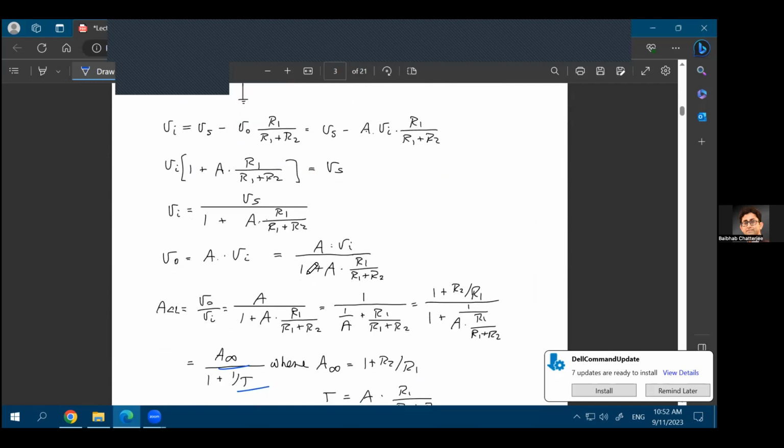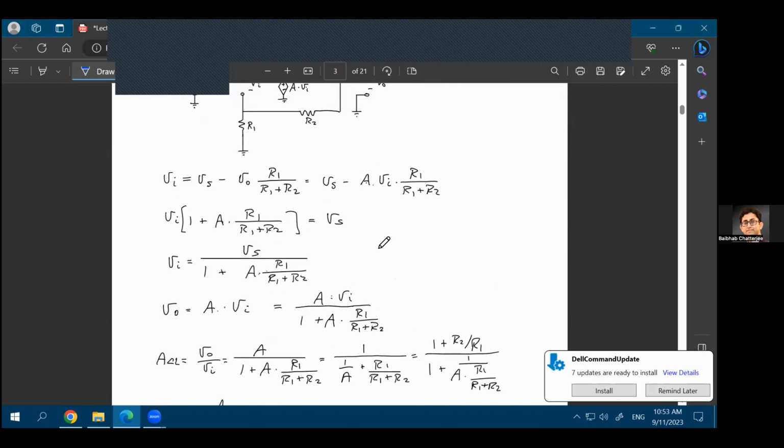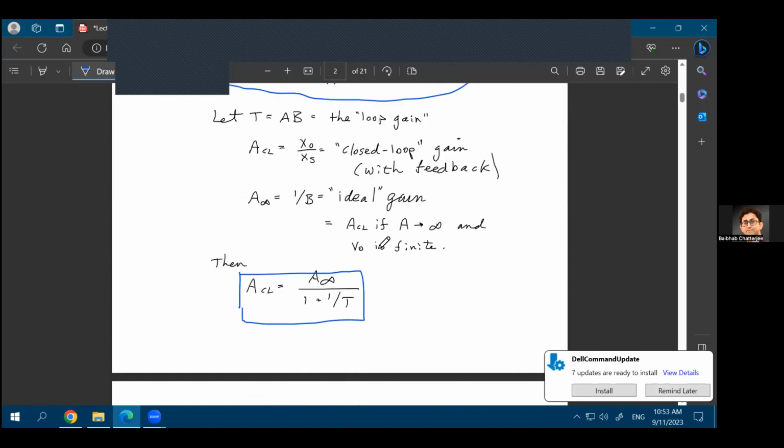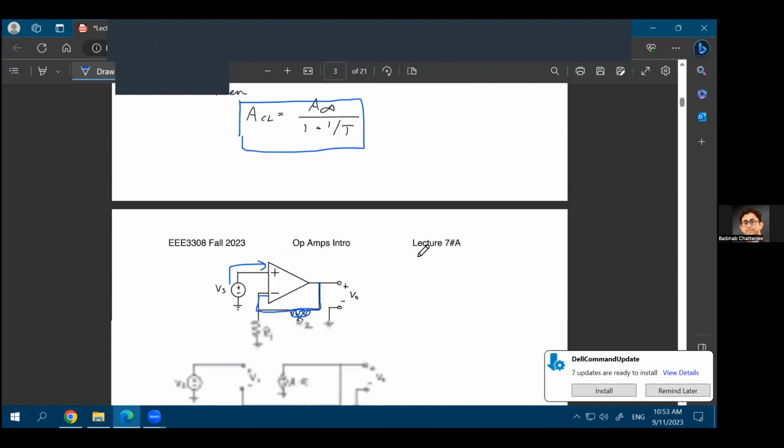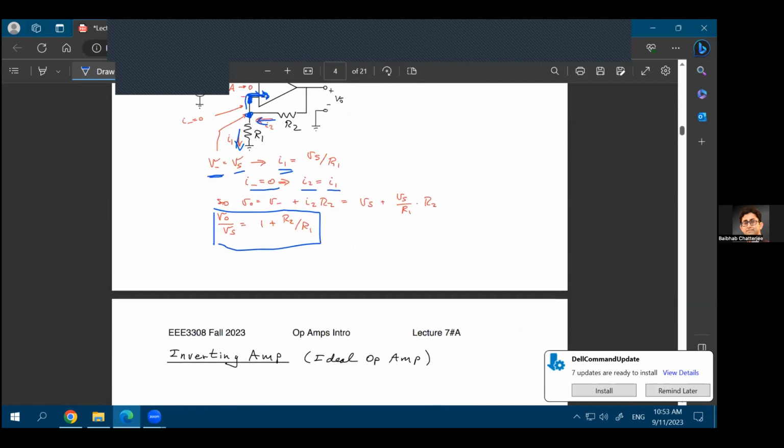So if that happens, what would be your equation in this case? When you had this non-inverting op-amp configuration, your gain was 1 plus R2 over R1. Now we are saying that R2 is equal to 0 and R1 is equal to infinite. So basically this entire term will go out and your gain will be equal to 1. And that's all we are saying in the voltage follower configuration.